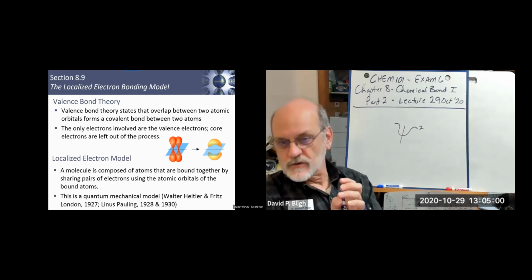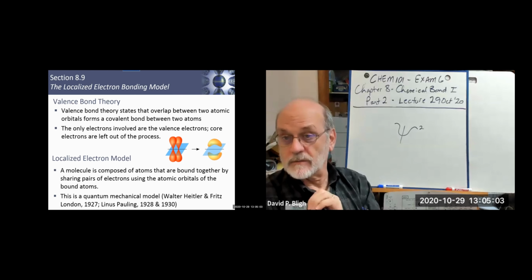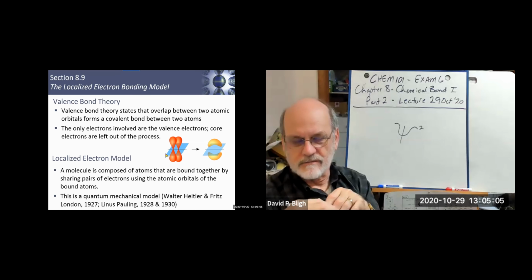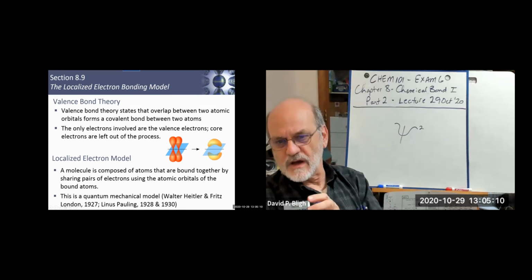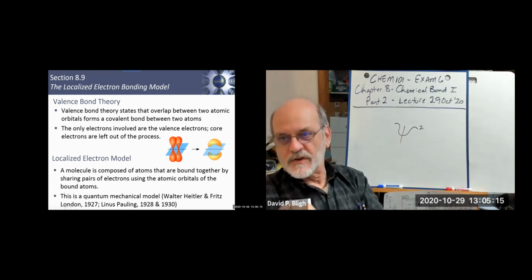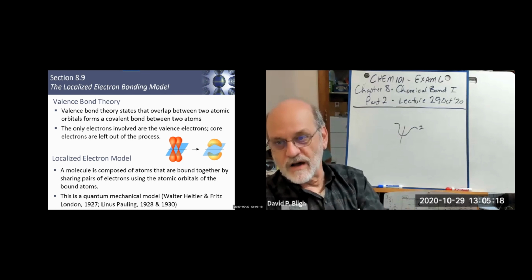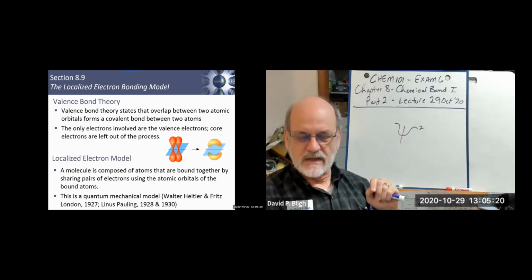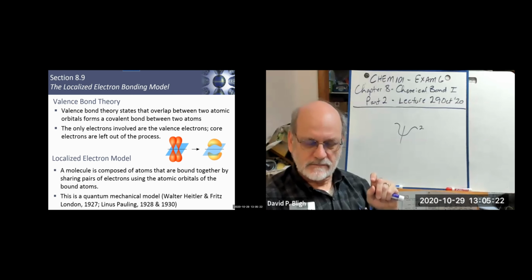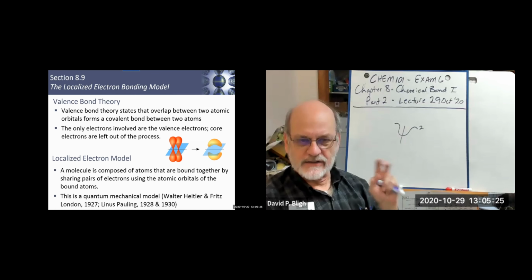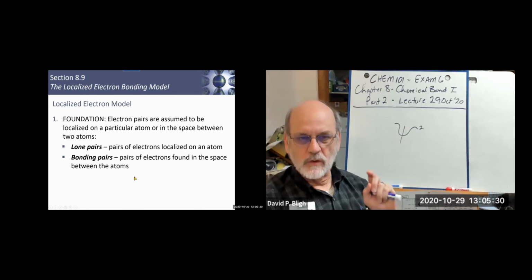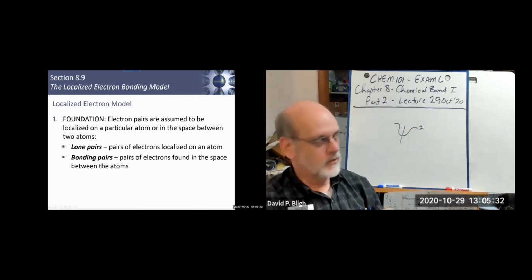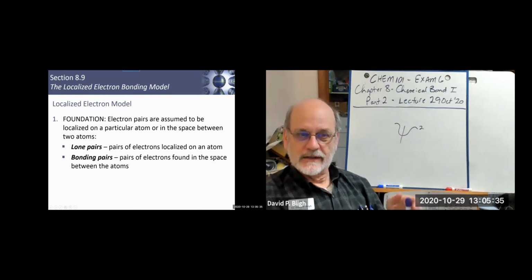In other words, if there's one electron from this one and one electron from that one, when they overlap, the electrons, for some odd reason, still remember where they came from. Or the atoms have dibs on one of those electrons, but they're just sharing them long enough to keep that bond intact. So that's what we mean by the localized electron model. We'll work on that a little more as we proceed.